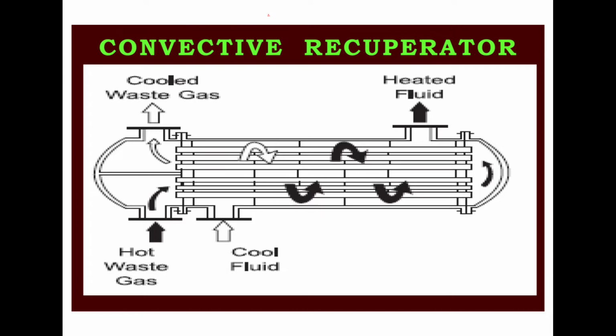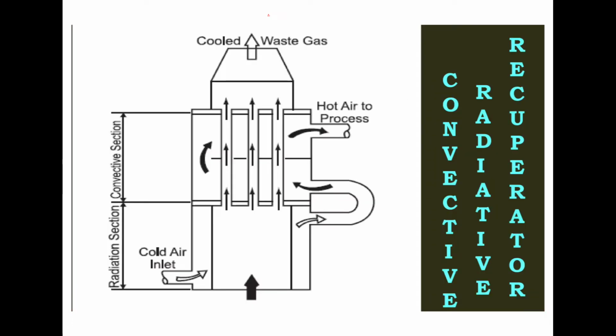In order to control the temperature of the hot waste gases, the cool fluid system is used. After entering, the cool fluid contacts the hot waste gas tube, so that the cooling fluid carries the heat towards the exit port. This is the way the convective recuperator works.